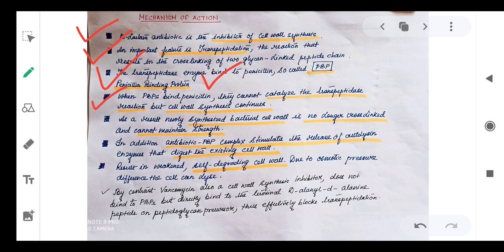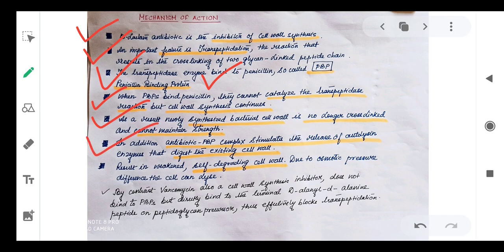When PBPs bind penicillin, they cannot catalyze the transpeptidase reaction. So the transpeptidase reaction between the pentaglycine bridge and the D-alanine will not occur if the transpeptidase is inhibited by penicillin. As a result, the newly synthesized bacterial cell wall is no longer cross-linked, and so it will not maintain its strength.